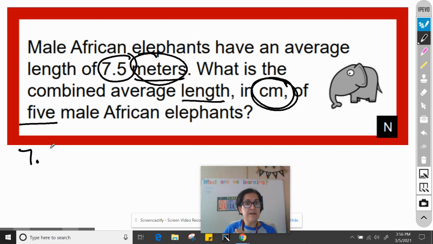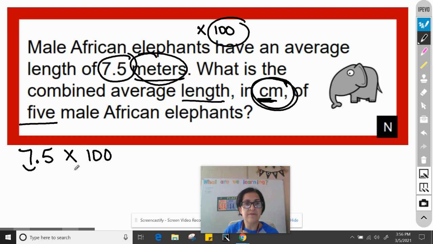And 7.5 meters to centimeters, if you look on your sheet, you're going forward in the direction you read, and you're multiplying by 100. Be careful when you find centimeters is by 100. Remember the centipede we talked about? There's 100 legs. So that's why we have centimeter is for 100. So times 100.